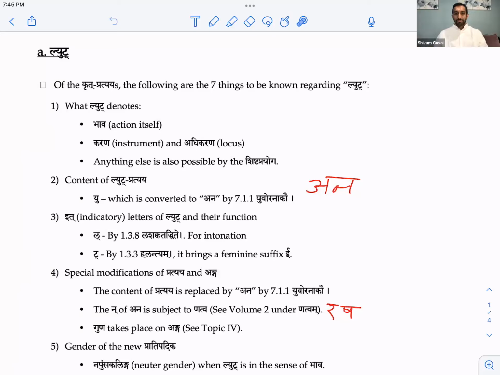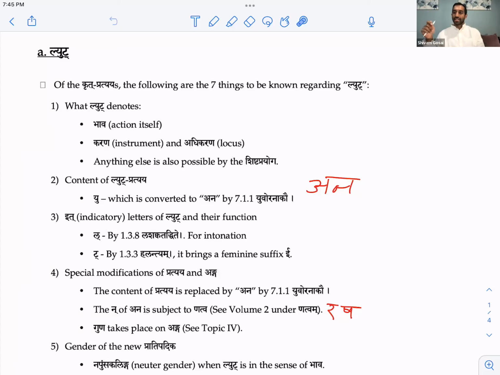It's an akaranta napumsakalinga word, so it is pratipadikam. Sometimes when we're speaking the word, either we take the pratipadikam itself, or we take the 1-1 of that word, in any linga.